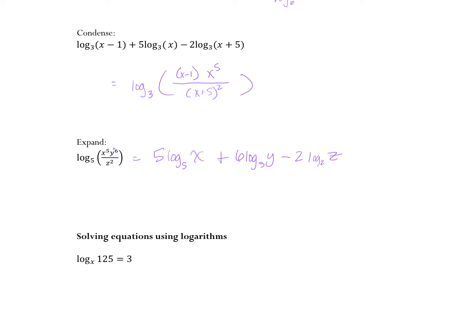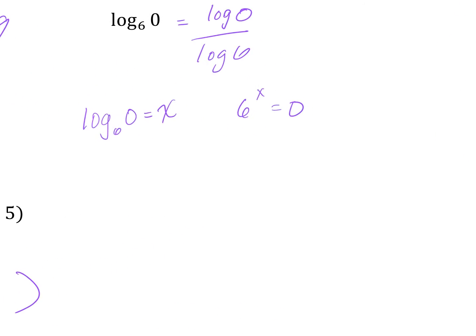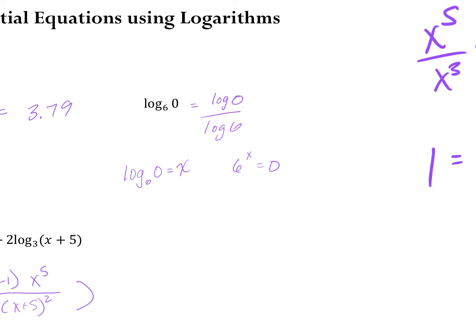Now, I want to talk about this log base 6 of 0 for a second. If this had been log base 10, would it still be no solution? I'm going to say no. Yes. Can I say 10 to what power equals 0? Will 10 to a power ever equal 0?